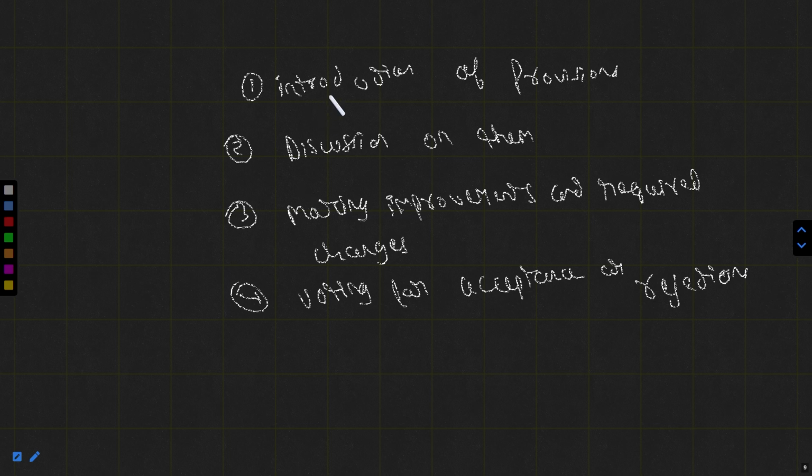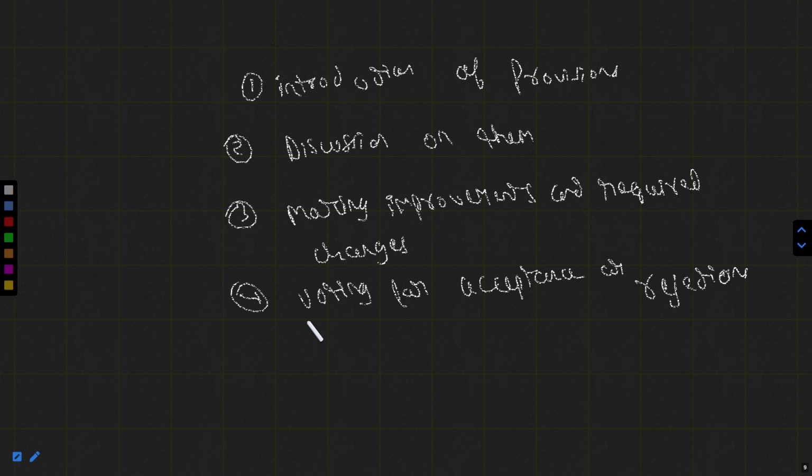So first, introduction of the provisions. If someone wanted something included in the Indian Constitution, he or she was required to present it before the assembly, because I am talking about the time when the constitution was being formed. Thereafter, the assembly members started discussion over it. So many things were discussed, their provisions and consequences, existing or in future.